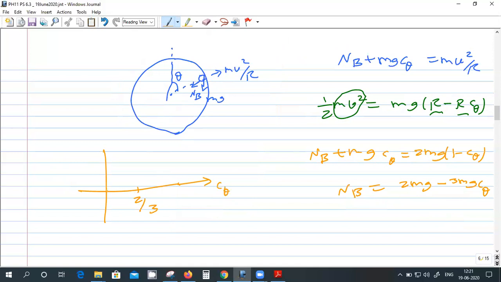This is good. Up to 2/3 it will be 0 because there is no contact. After that, with cos theta, there is the negative sign. At this bottommost point, it's 180, right? So cos theta is -1, so it is 5mg.